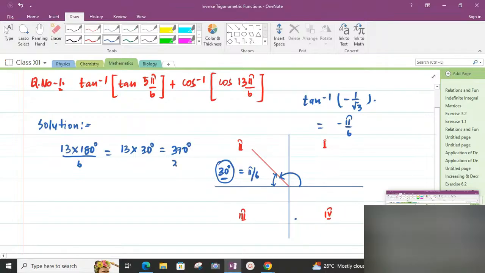When we subtract 360 degree, we get 30 degree. It means one rotation and 30 degree, so this one lies in the first quadrant.